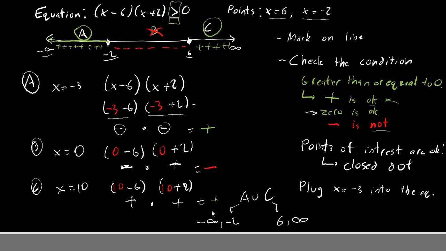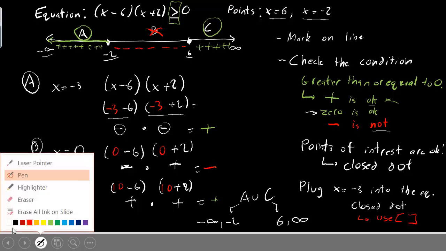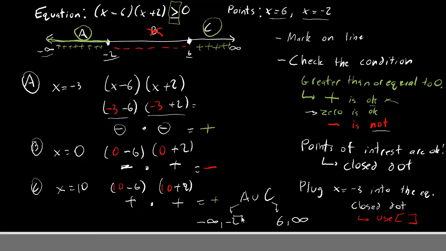Now we're going to state the answer here a little bit different from how we did last time, because we have a closed dot on negative 2 and 6. If your graph contains a closed dot, that means you are going to have to write it in brackets rather than parentheses. On the negative 2, we are going to put a bracket, and on the 6, we're going to put a bracket.